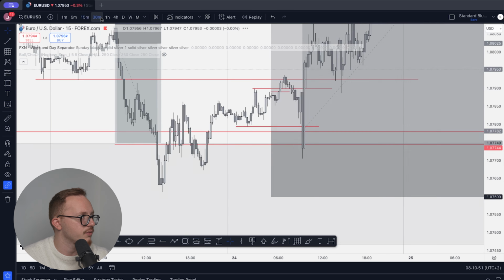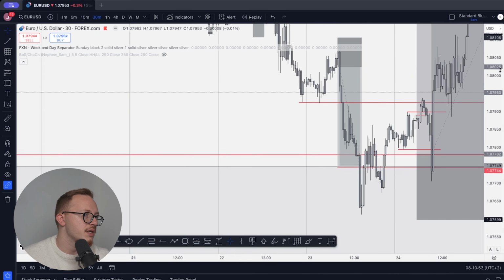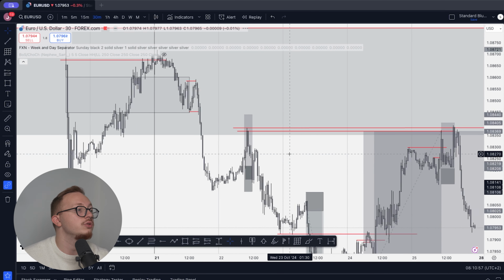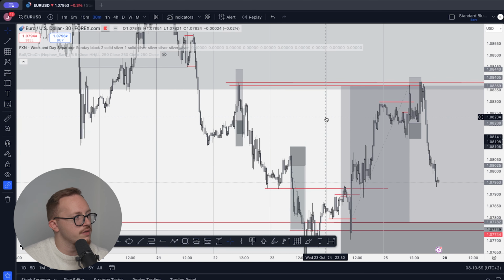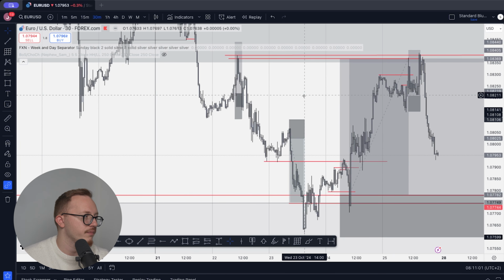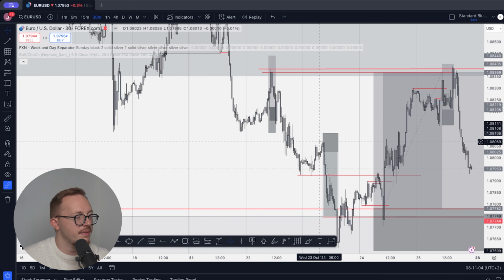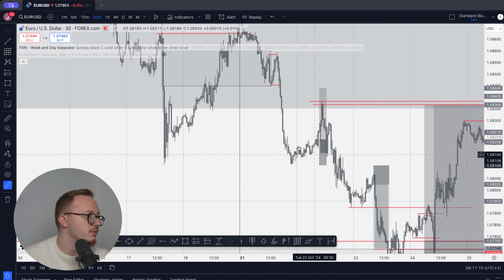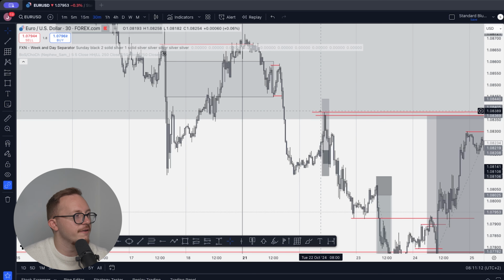Now, let's talk target-wise. Target-wise, we were thinking, okay, price has to go up a lot, right? Or it could go up a lot. But the first one that we saw was basically this high right here. Now, why not this high? As this high made the last push to this weekly fair value gap, and it basically didn't take out any liquidity. Right here, this high was almost like a fake push.